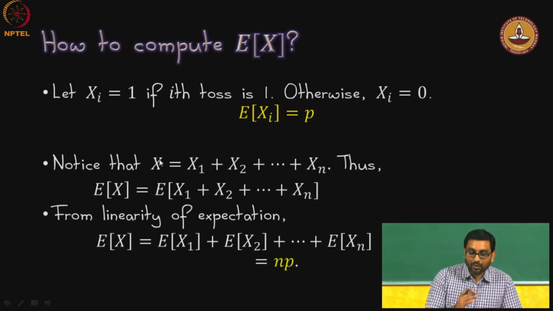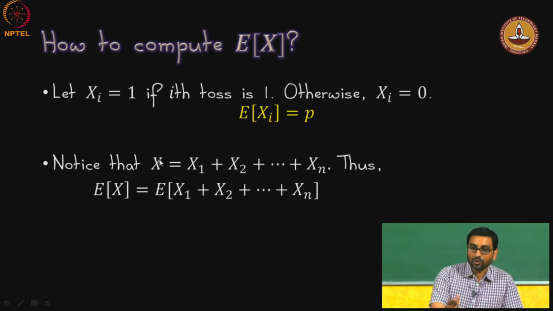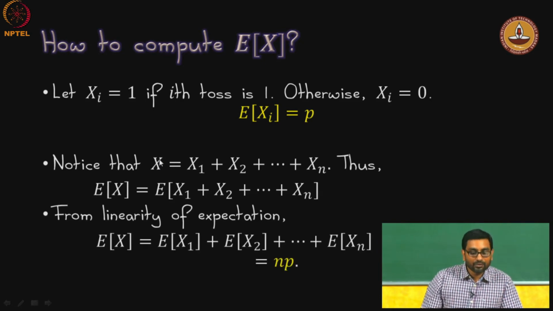At this point we do not know what to do with the right hand side, but if you just apply linearity of expectation, immediately you know what to do with it. E of x1 is p, E of x2 is p, and E of xn is p. There are n such terms. So, the total expectation is n times p. That is linearity of expectation for you. It is very powerful, very simple, and very useful for us.